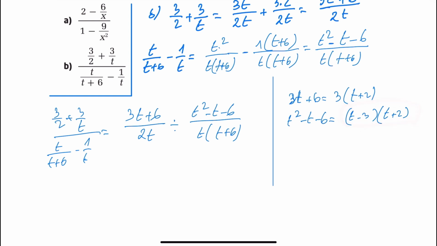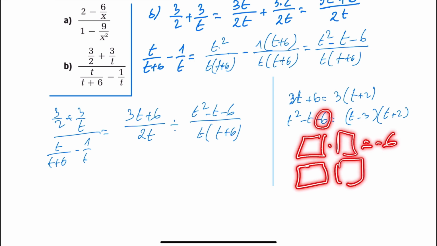Because I need two numbers that if you multiply them you get minus 6, and if you add them you get minus 1, and these numbers are minus 3 and 2, so minus 3 times 2 is minus 6, minus 3 plus 2 is minus 1. So we just plug this minus 3 here and this 2 here.